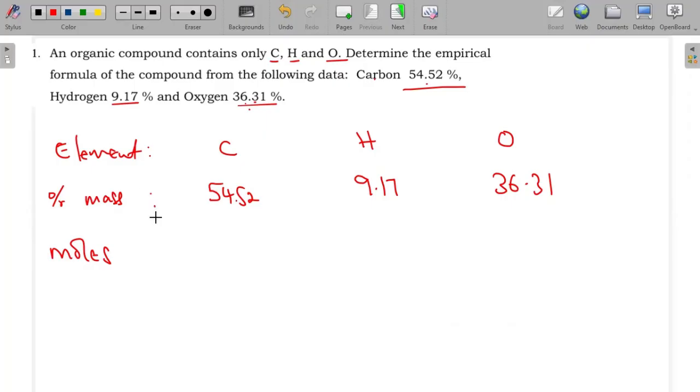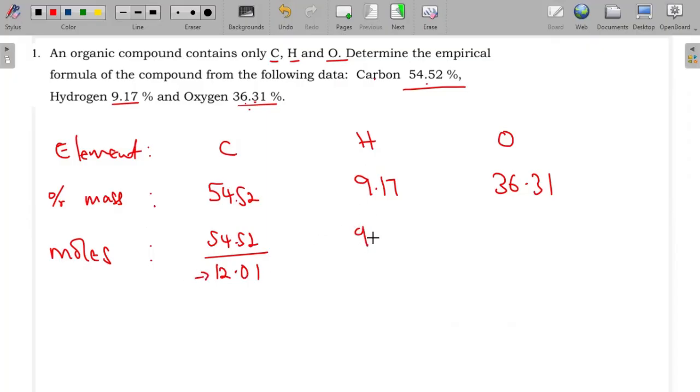How do we find the moles? We divide each of these masses by the molar mass of the element. So 54.52, we're going to divide it by the molar mass of carbon. The molar mass of carbon is 12.01, which you get from the periodic table.